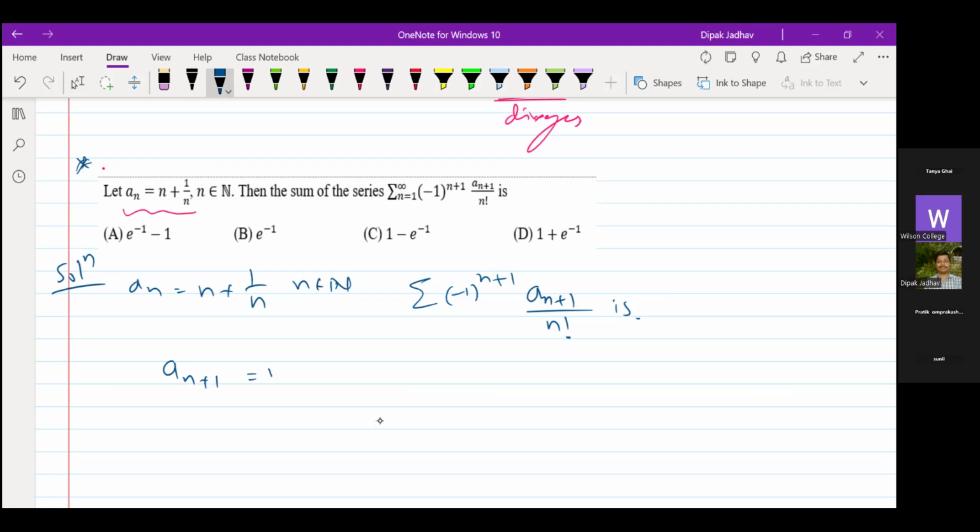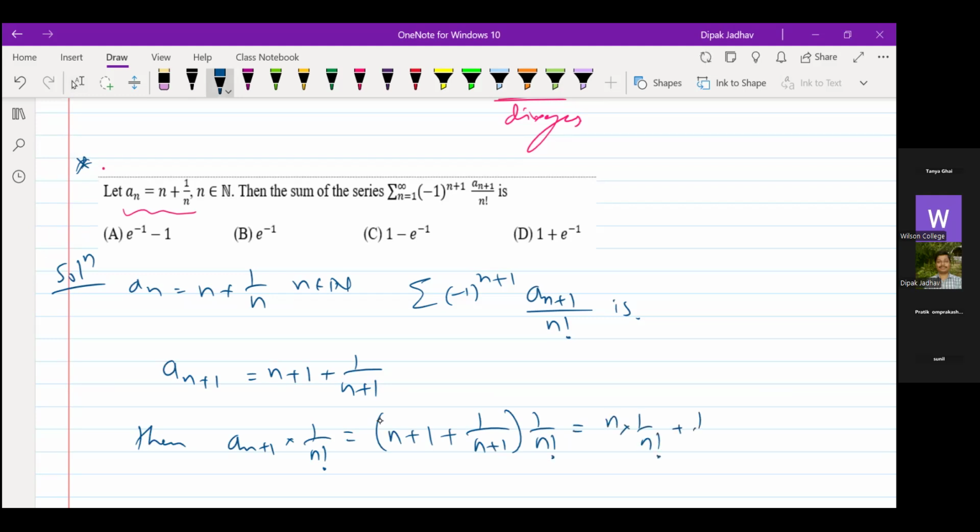an plus 1, n plus 1 plus 1 by n plus 1, then an plus 1 into 1 upon n factorial. So what are you going to get? 1 upon n factorial will be equal to n into 1 by n factorial plus 1 by n factorial plus 1 by n plus 1 into n factorial.